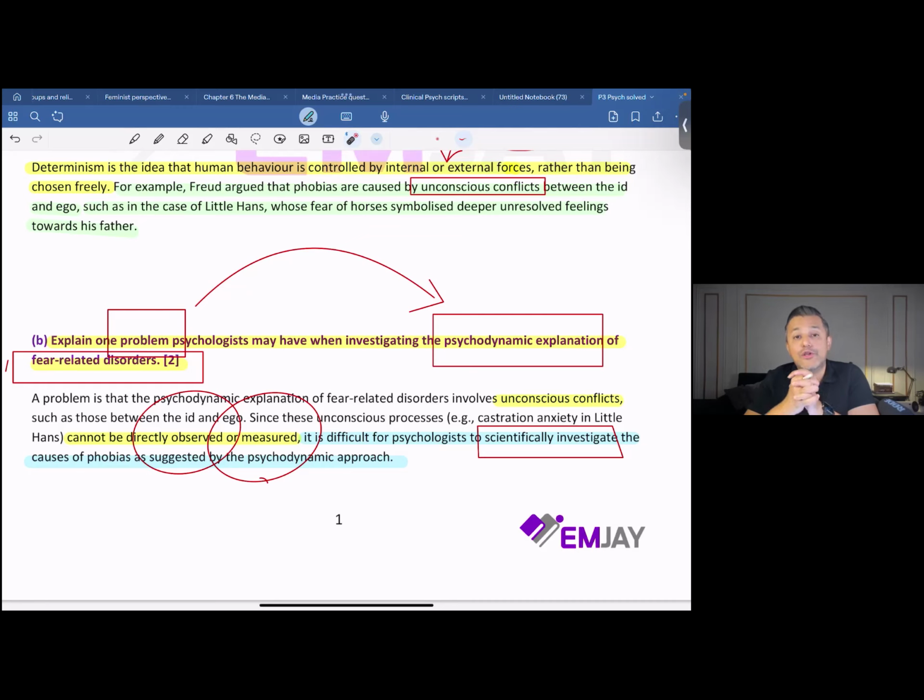How is it that you're going to objectively observe them or directly observe them? Or what about scientific testing? It cannot be done. You cannot directly figure out someone's unconscious conflicts.